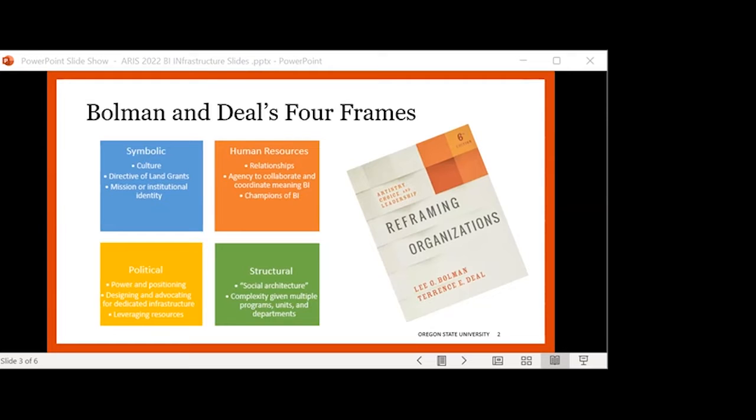In this case, all the BI champions and where they sit are human resources. Political is about power and positioning, and sometimes posturing too. Who do you have to advocate for? Where do the resources come from, and how do those decisions get made? And the structural is about the social architecture of an organization, and how distributed that might be.